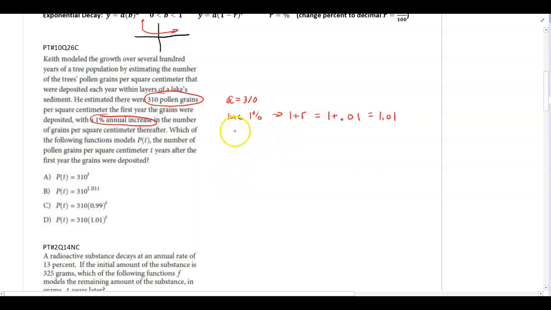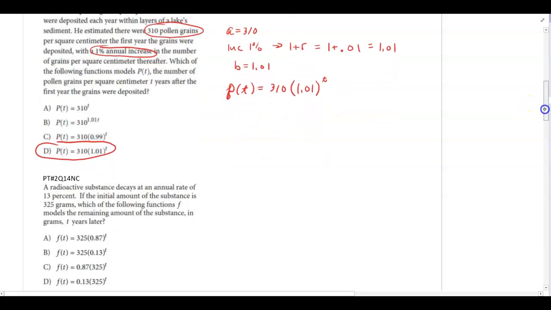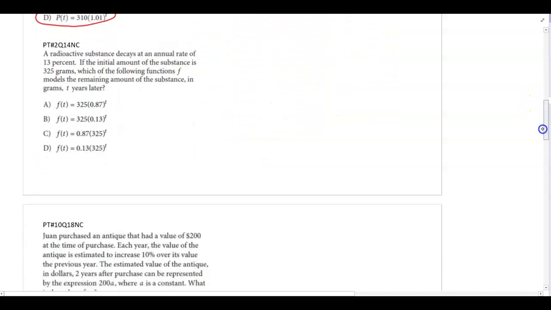So now your b value is 1.01. So when we write our function, P of t equals our initial amount, 310, times 1.01 to the t power, which ends up being letter D. Just knowing the format of an exponential function is important.